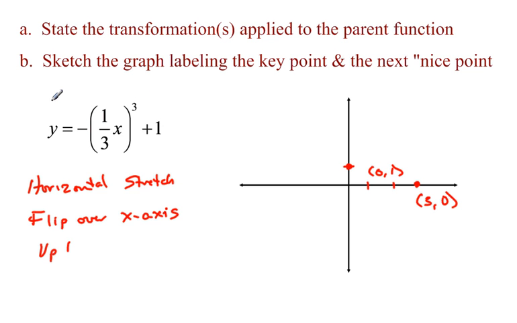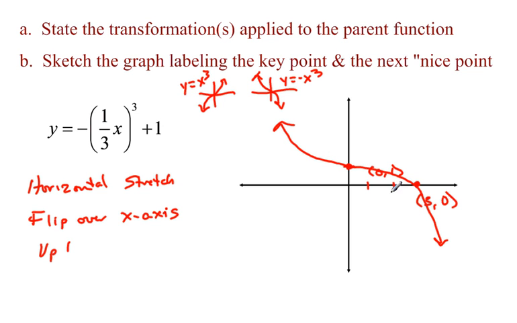And now I need to remember that shape of y equals x cubed. So let's just remember the normal shape looks like this. So this is y equals x cubed. If I flip it over the x-axis, the shape now looks like this. This is y equals -x cubed. That's going to help me to draw this. So now I've got this thing going like this and like that. And that's because we have that horizontal stretch going on.